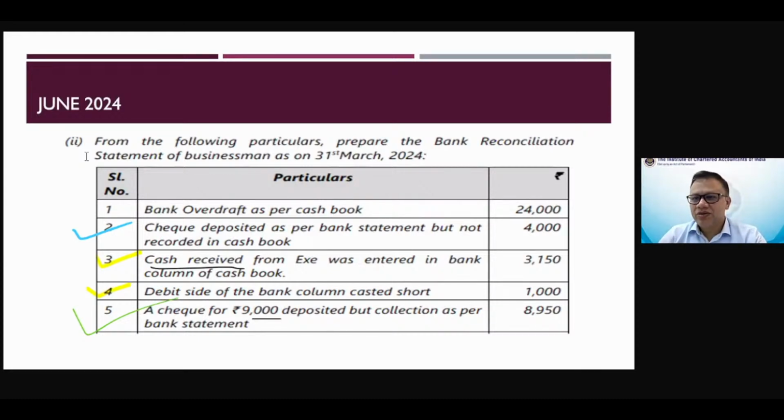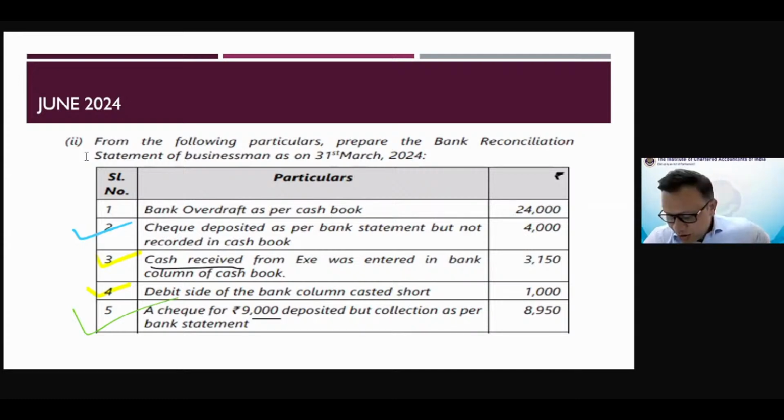Okay. Ashwika, you have to say something. Ashwika, tell me. Sir, the balance 50 rupees, should we consider it as bank charges, or how should we consider that? See, the cheque is deposited for 9,000, but collection as per bank statement is 8,950. You have asked a very good and right practical question.